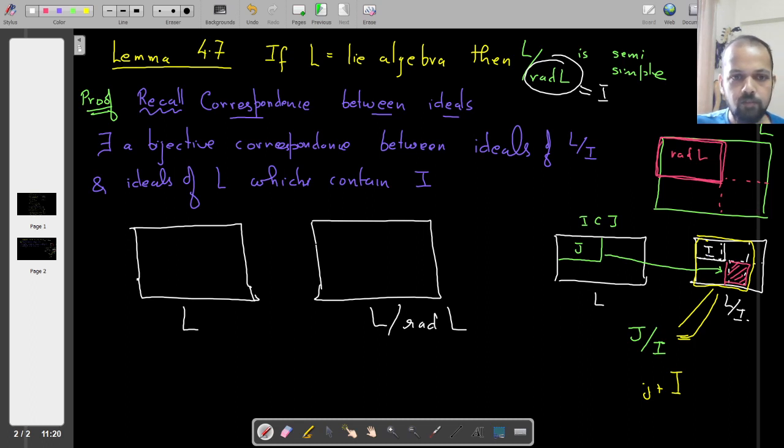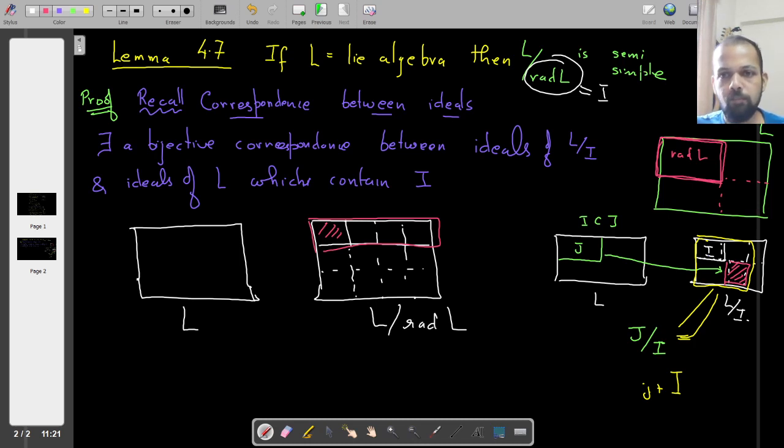So you can think of your radical L here, and then you've kind of broken up your entire space, and you're looking at an ideal of L by radical L. If I start with an ideal of L by radical L, to show it is semi-simple, I need to show that the only solvable ideal here is going to be trivial.